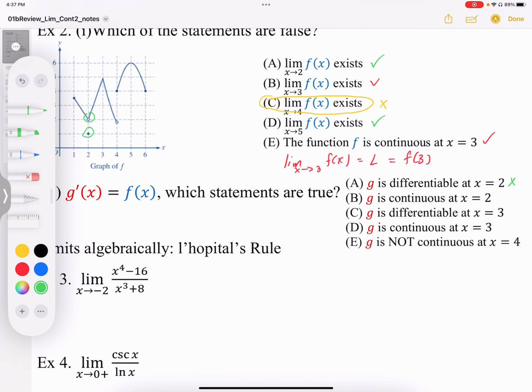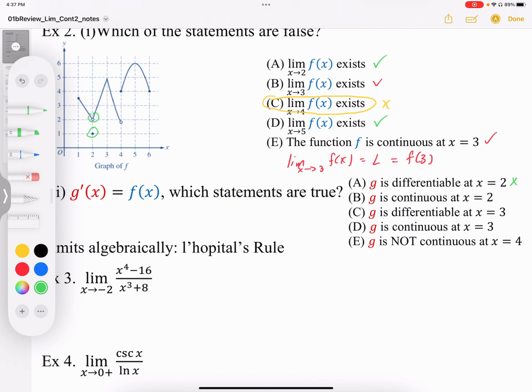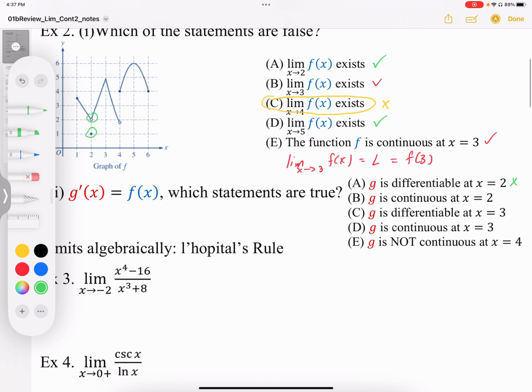For B, it says g is continuous at x equals 2. Well, it's not differentiable. It could be continuous, but we can't claim that that's necessarily true. So we're going to say that B is also false. At 2, g is not necessarily continuous.